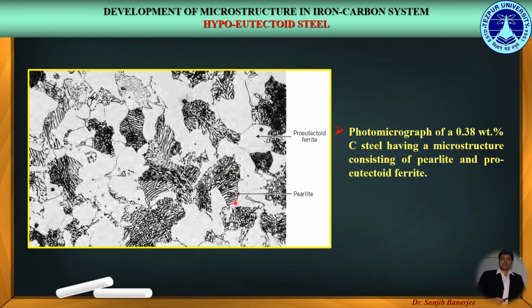Over here, the ferrite is the eutectoid ferrite that is formed due to the eutectoid reaction, while the lighter layers are the pro-eutectoid ferrite, that is the ferrite or alpha phase that has been formed before the eutectoid reaction. So, this is the final microstructure of a hypoeutectoid steel.